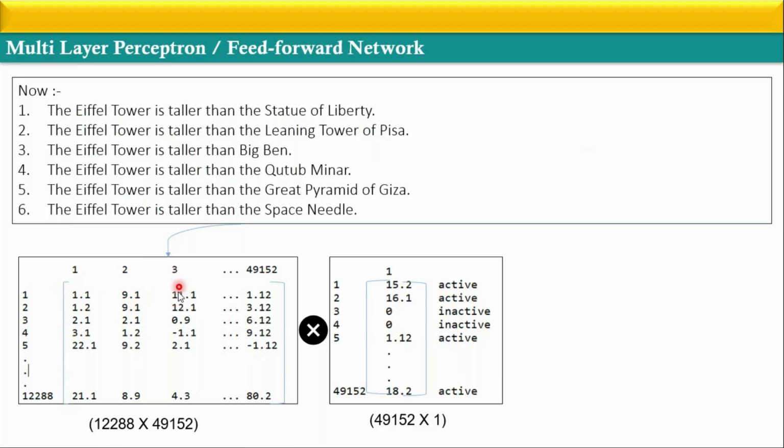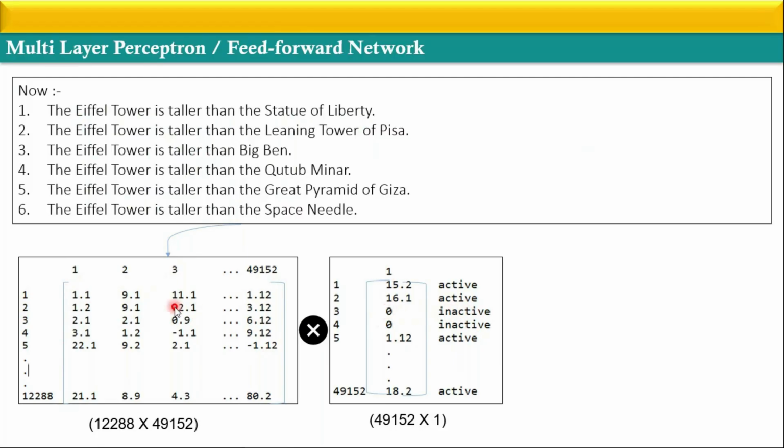So if, say, over here we have A13, that is multiplied by 3 3 1, the output will be 0.